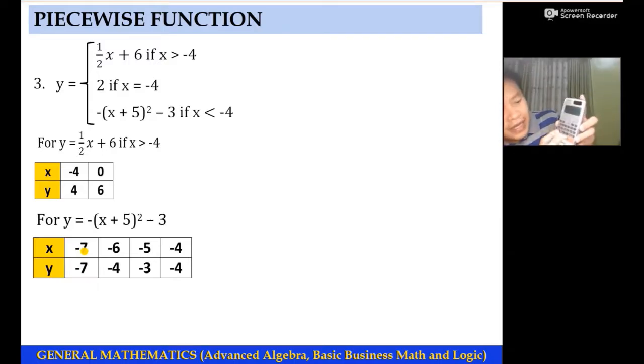No, this is a negative quantity. Our x is negative 7 plus 5, close the parenthesis, x squared minus 3. So, then, press the equal sign. And the answer is negative 7.